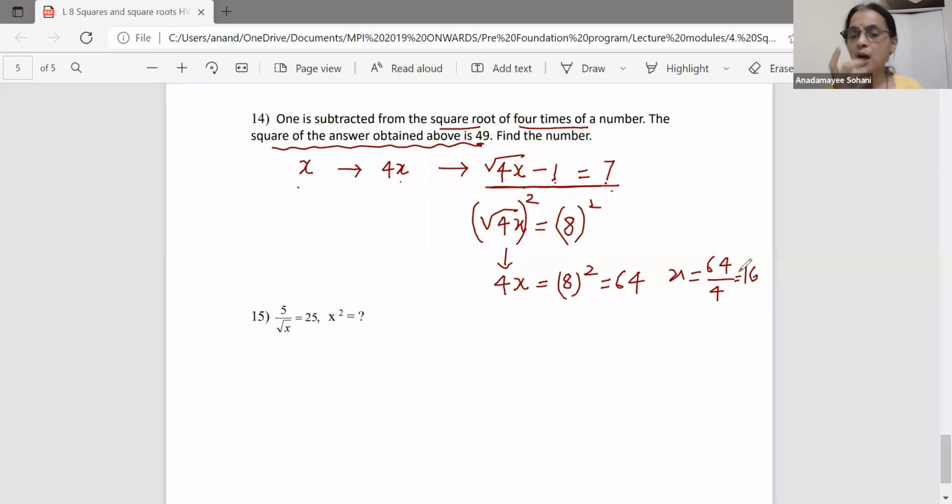Let us tally the square root of 4 times the number. If the number is 16, then square root of 4 times, that is 64, minus 1. What is square root of 64? 8. Minus 1, 7. Is this the square root of 49?